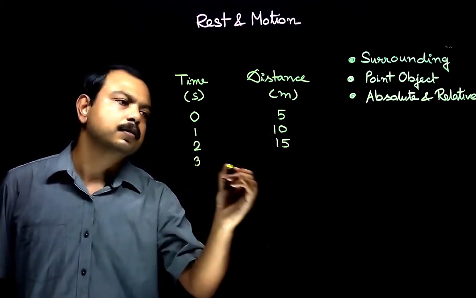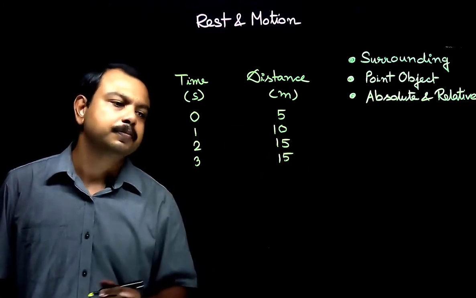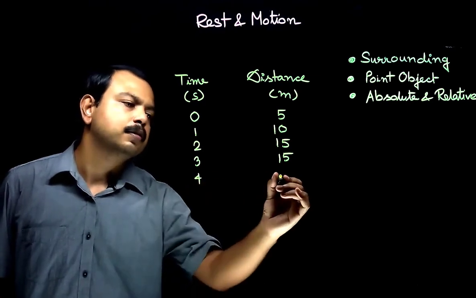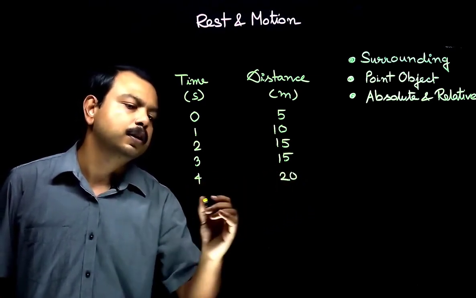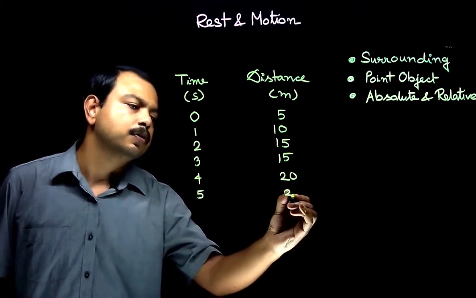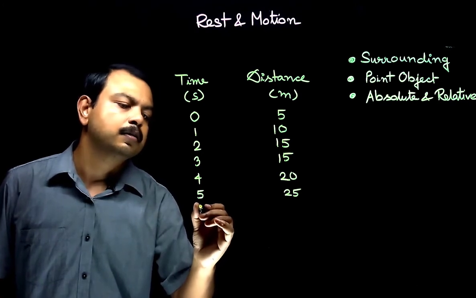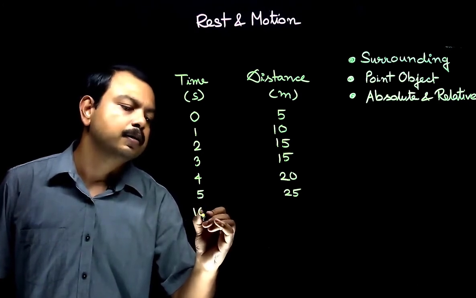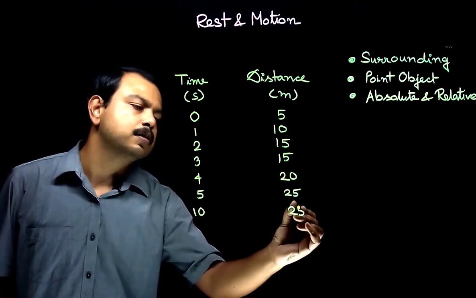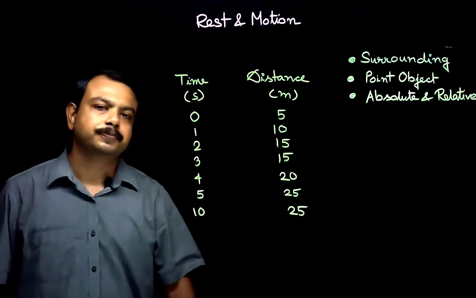At 3 seconds, it was still at 15. Then at the 4th second, 20, 5th second, 25, and 10th second, it was still at a distance of 25 meters from the observer.